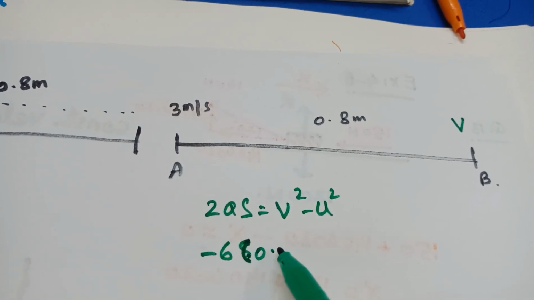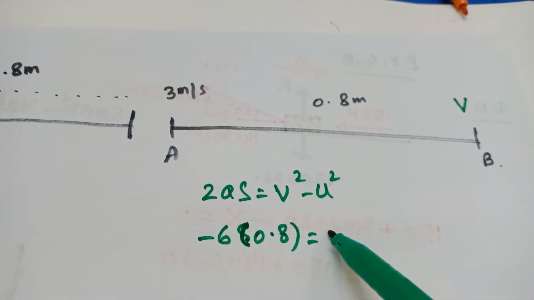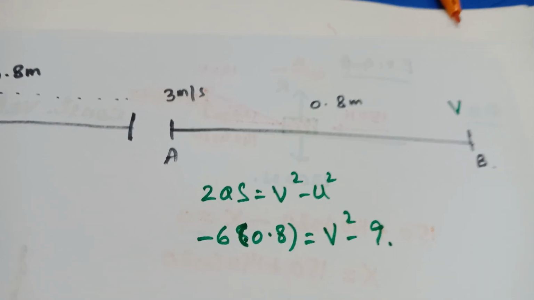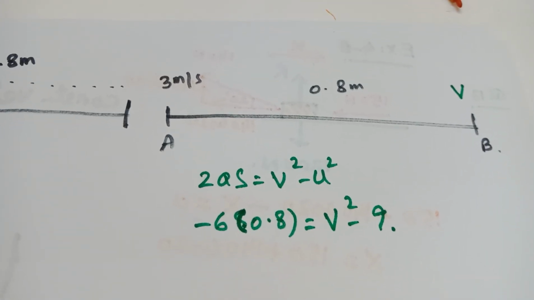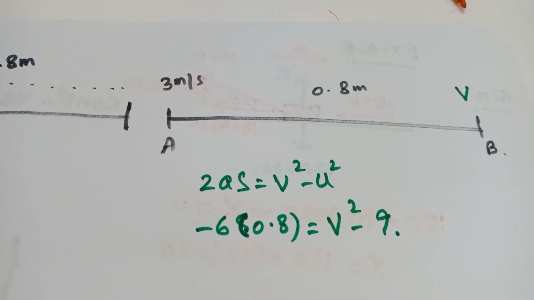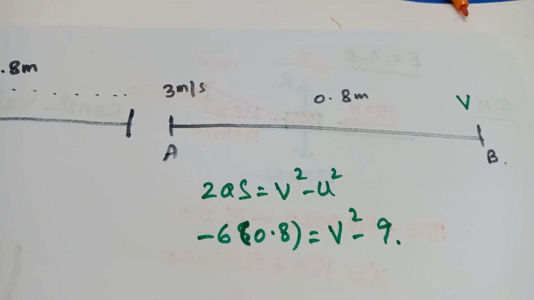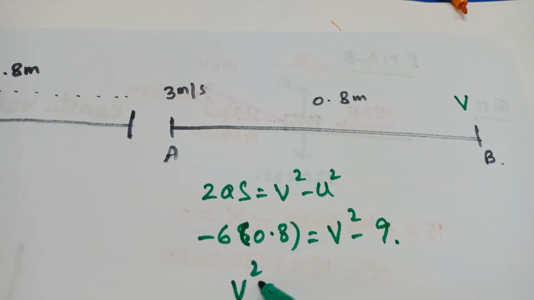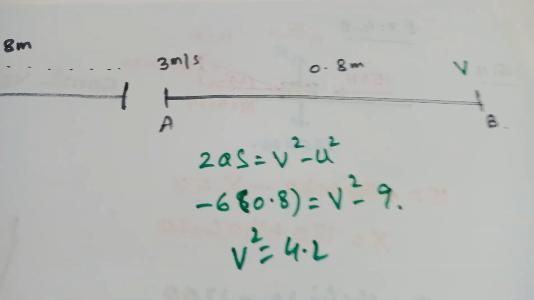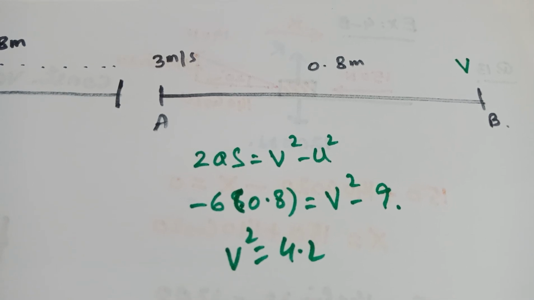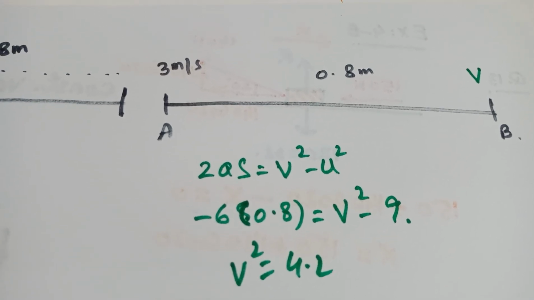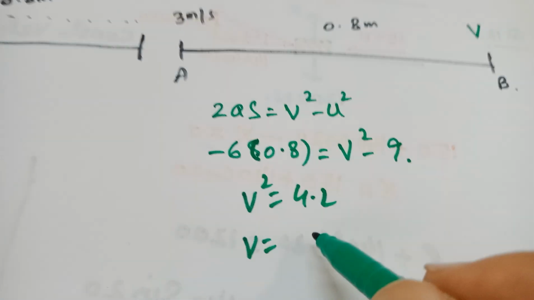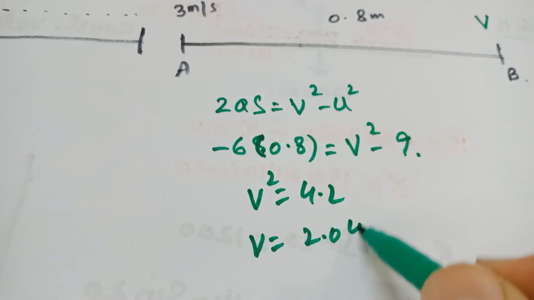This is v squared minus 9. Let us calculate this: 9 minus 4.8, that is 4.2. So v squared is 4.2, and taking the square root, v is 2.049.